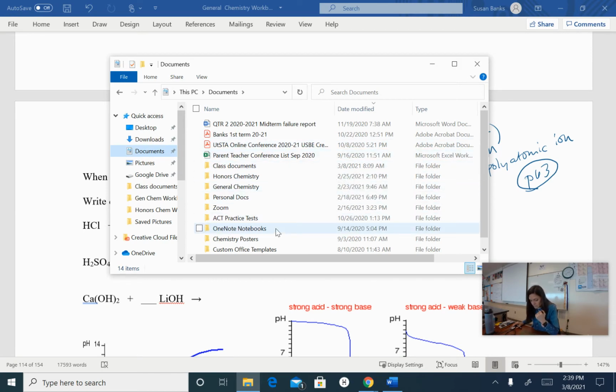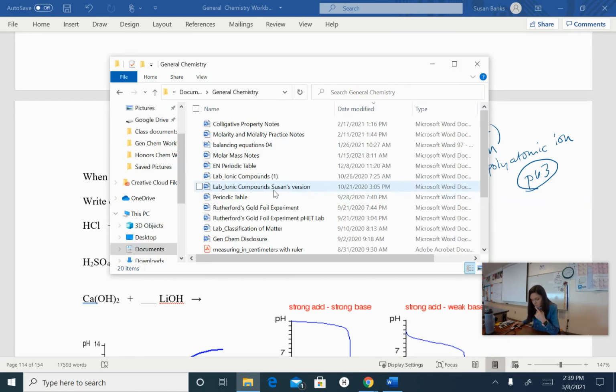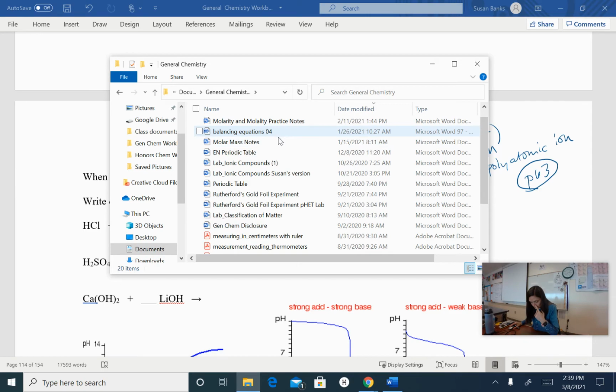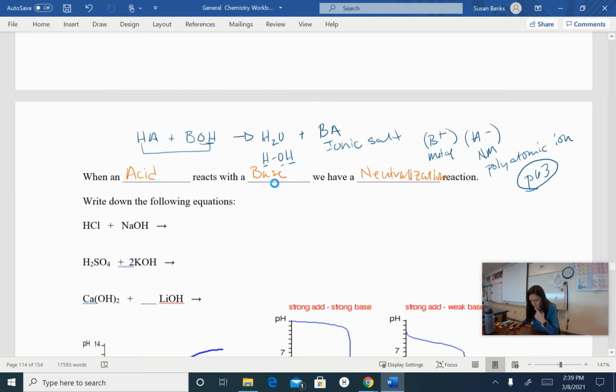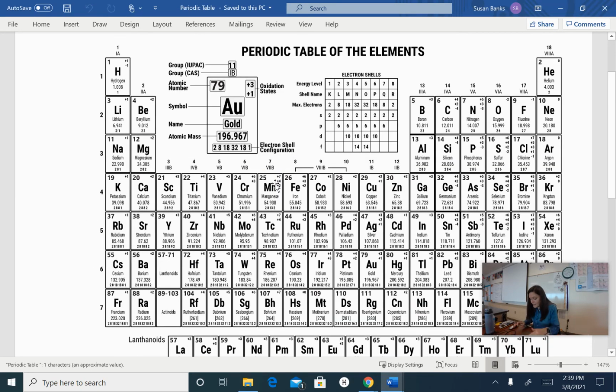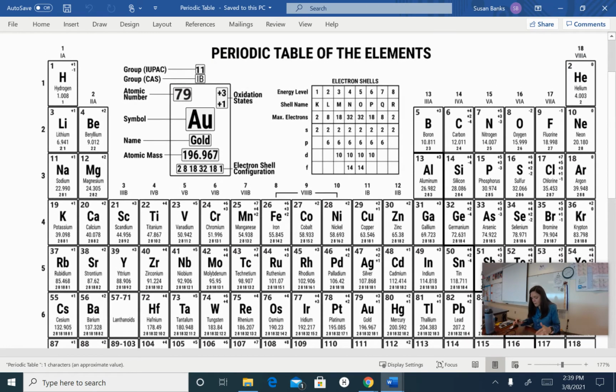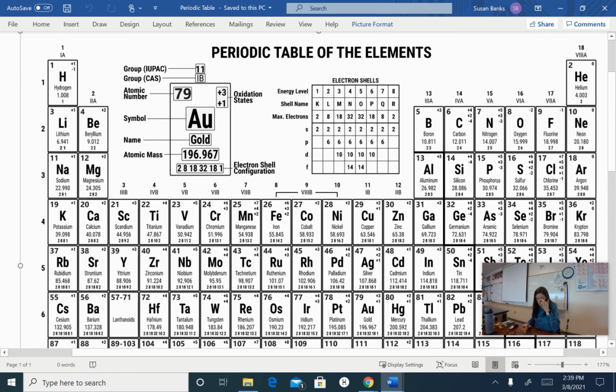So let's get this. Gen Chem, we want our periodic table. I can find it. And we probably are going to want our polyatomic chart as well.